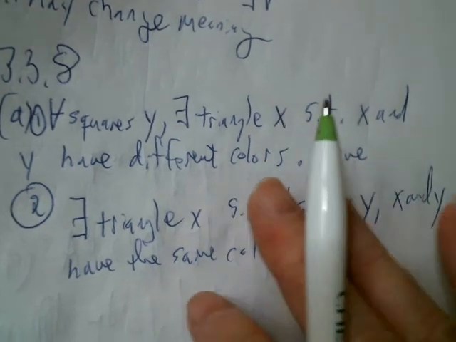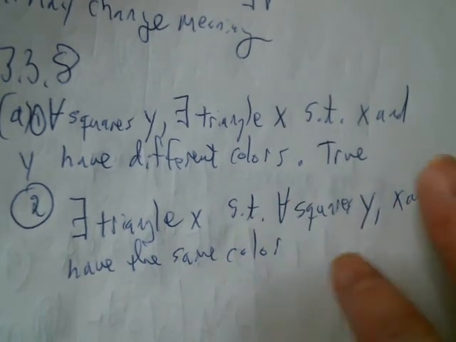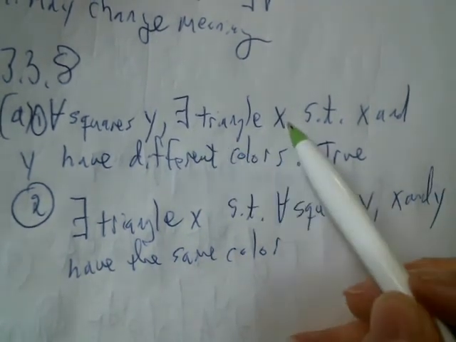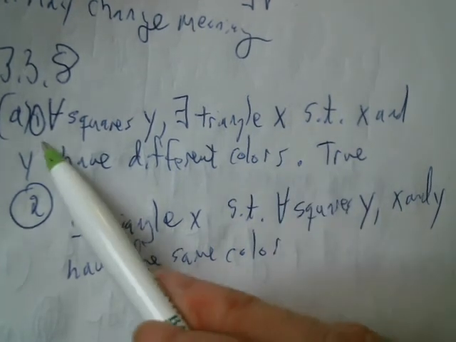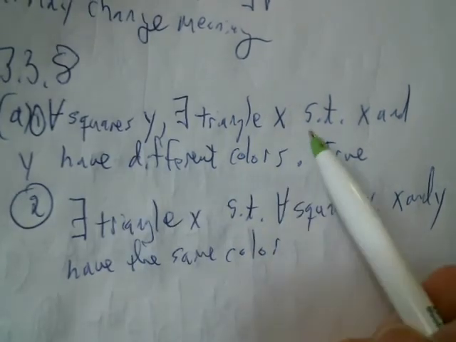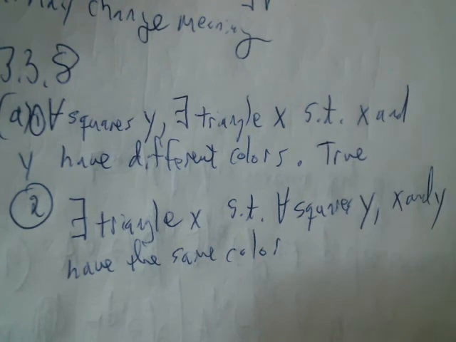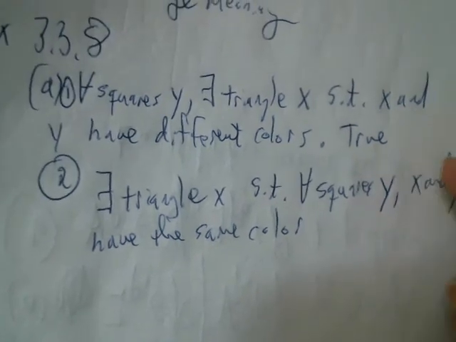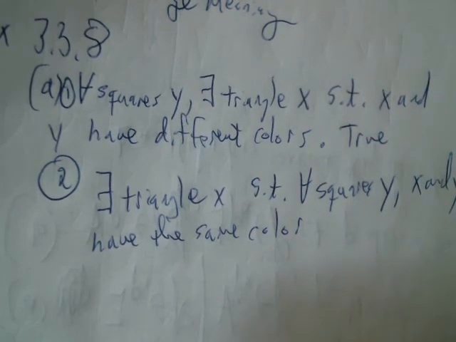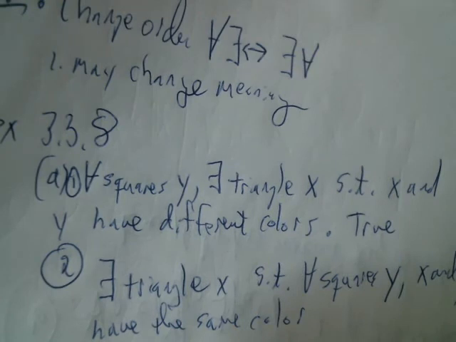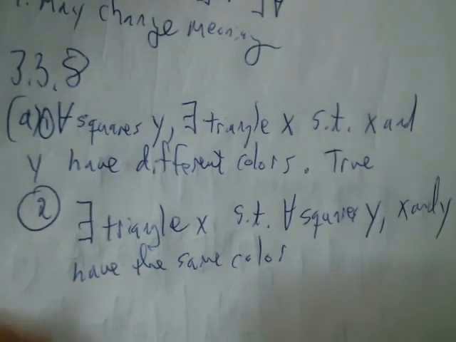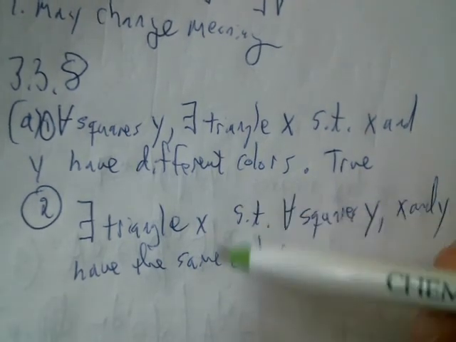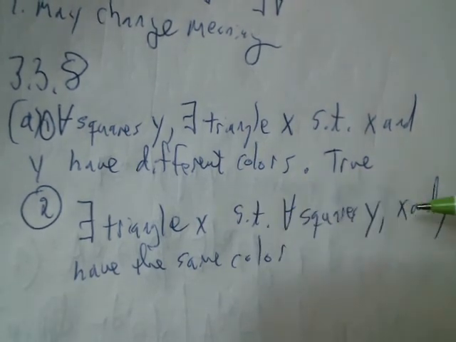At least in this context with what the book is talking about, moving this quantifier with its domain over to here and that quantifier with its domain over to here is definitely not a negation. So without further ado, let's see what the truth value of this one is. There exists a triangle x such that for all squares y, x and y have the same color.